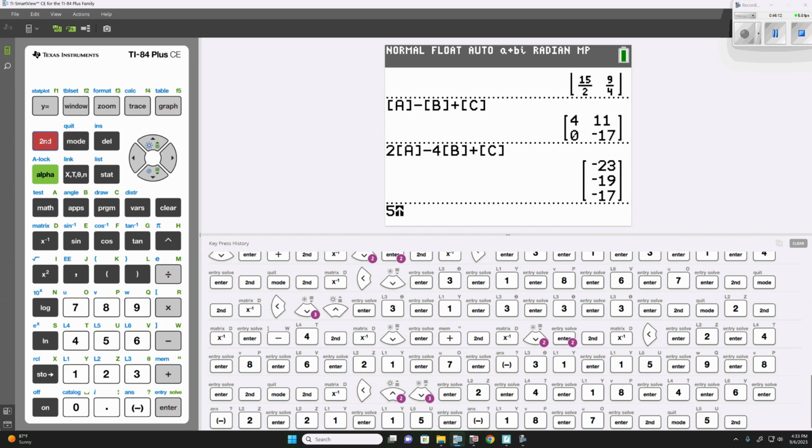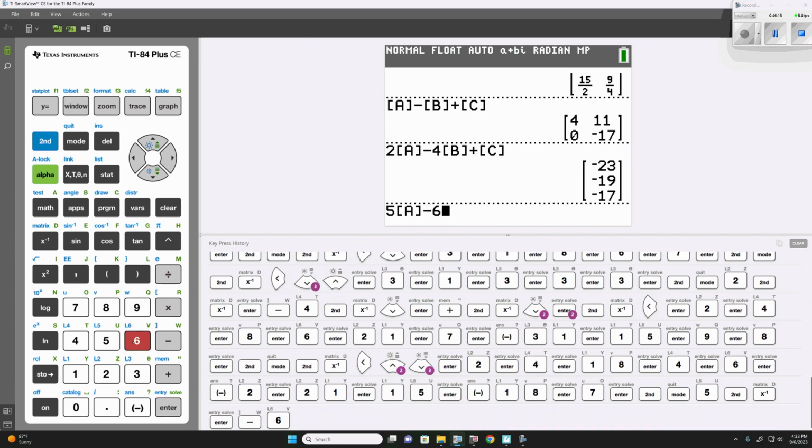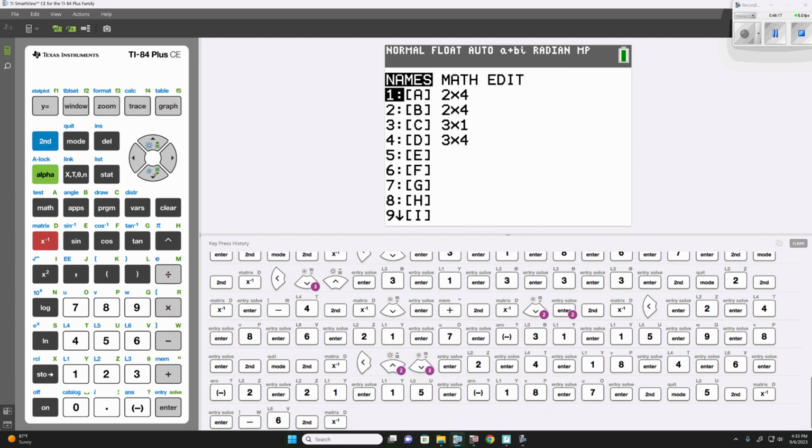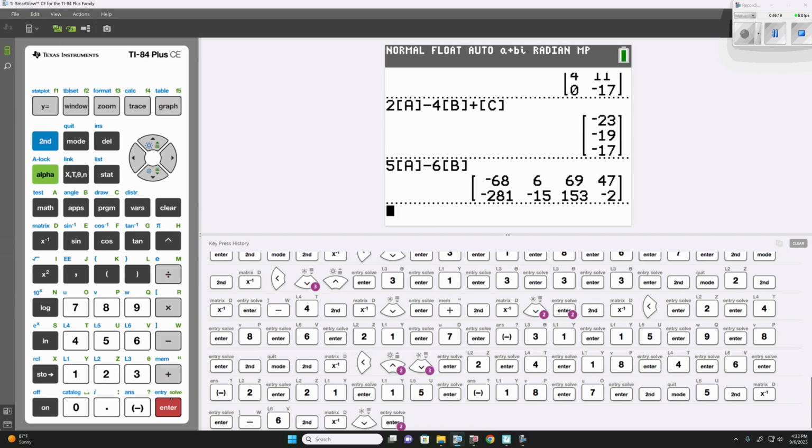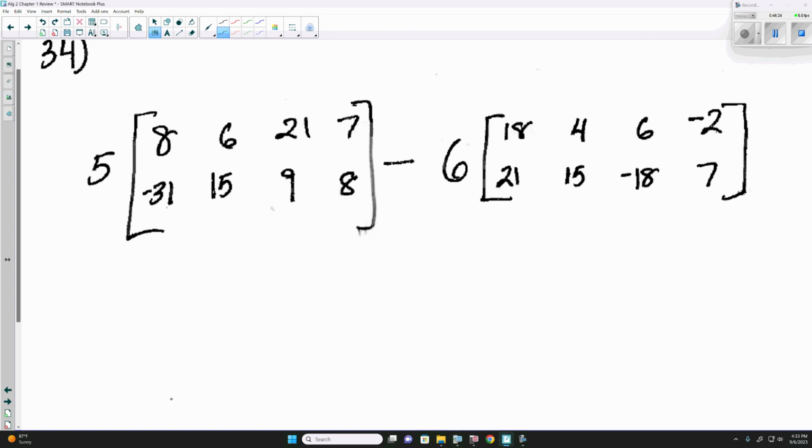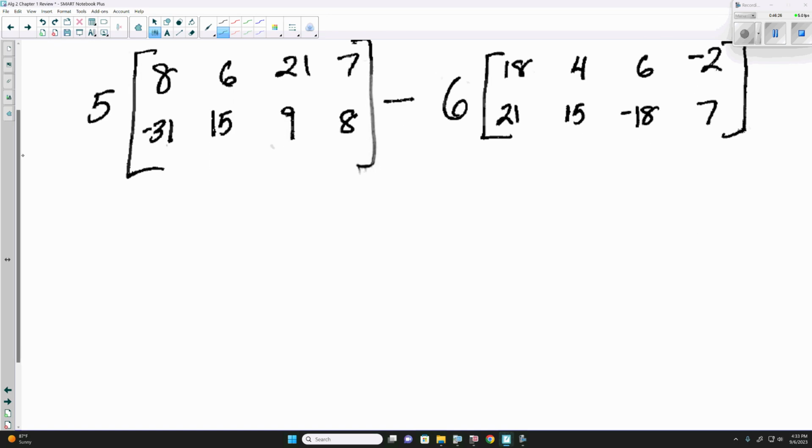Now it told us we want to do 5 times matrix A and subtract from it 6 times matrix B, which gives us this here. Now we could have done this by hand. The first thing I would have done is multiplied the first one by 5.